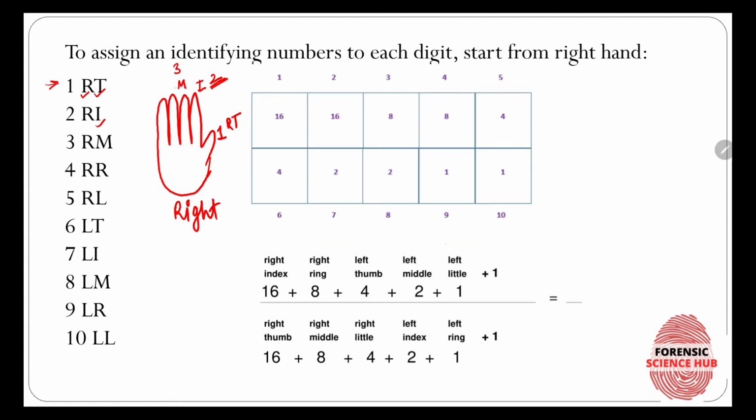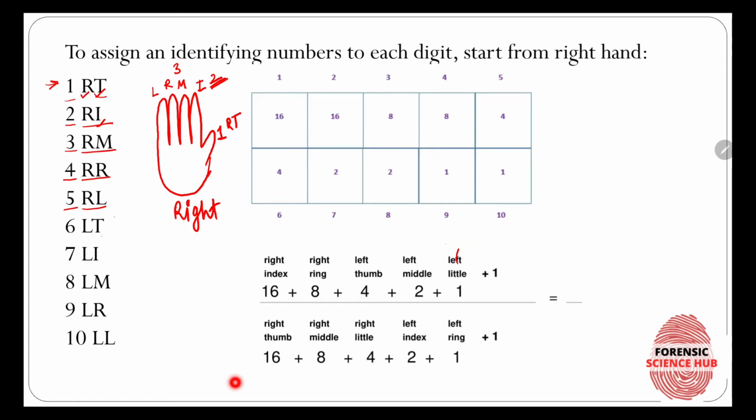Then we go to the ring finger, and then the small or little finger. So the first number is given to the right thumb, the second to the right index, the third to the right middle finger, the fourth to the right ring finger, and the fifth to the right little finger.